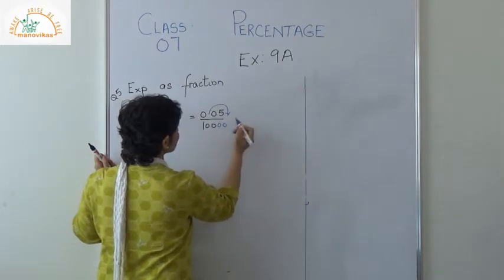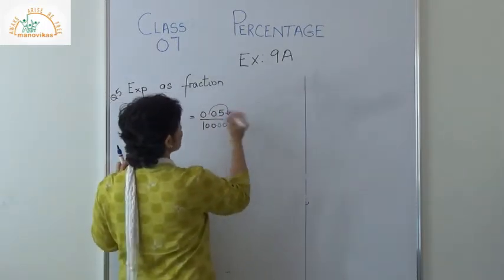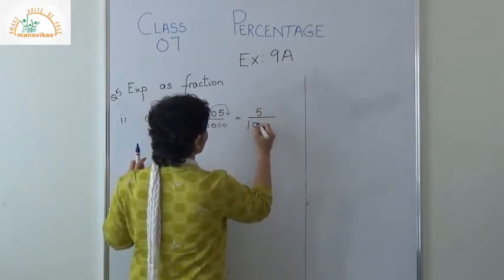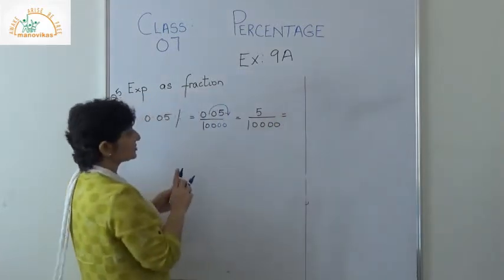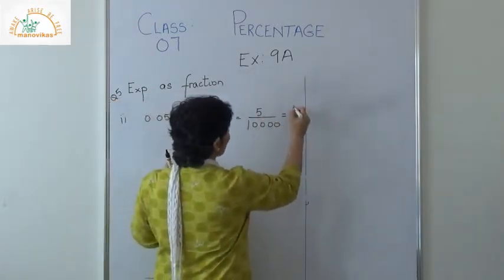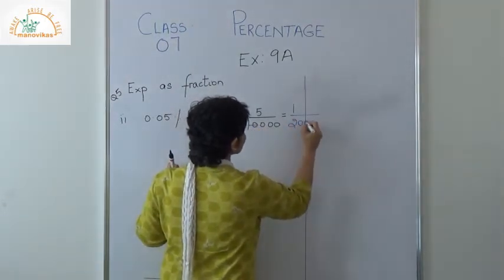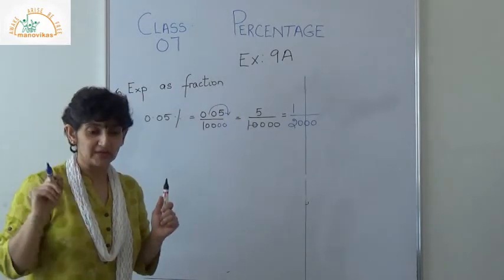I add 2 zeros, isn't it? So what do I get here? 0.05 means 5 upon 10,000. 1, 2, 3, 4. Correct? So then I reduce. 5 1s are 5, 5 2s are 10, 1, 2, 3. So my answer is 1 upon 2,000.